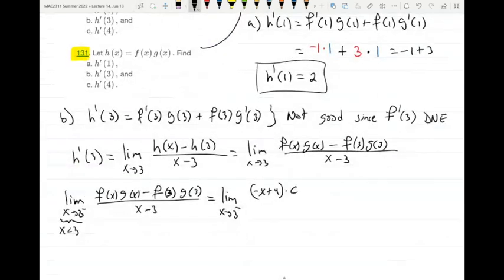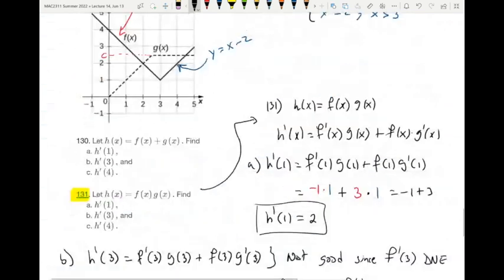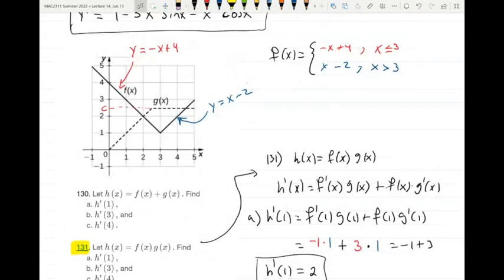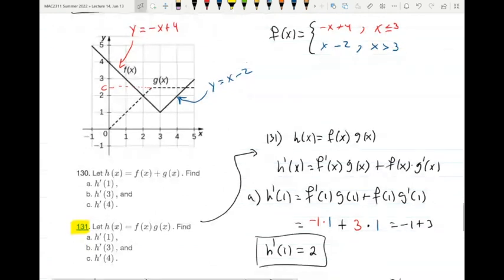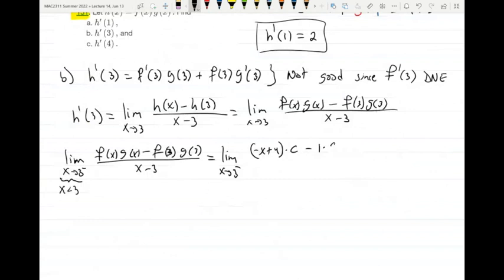So I'm going to put here c, and then minus. Now, what's the value of the function at 3? The value of f at 3 is 1, and the value of g at 3 is c. So it would be 1 times c over x minus 3. This is what we get.